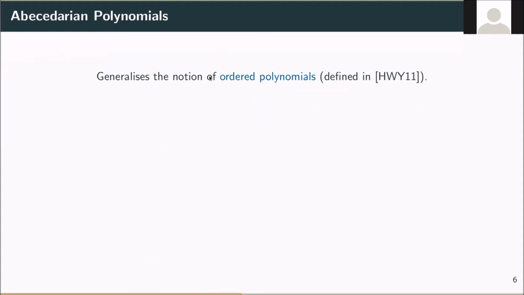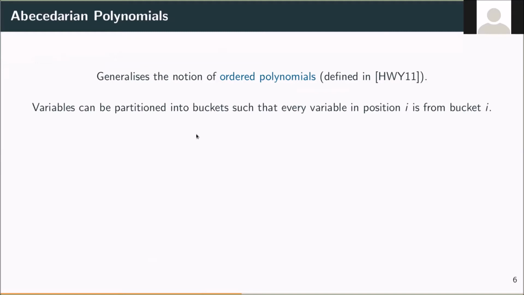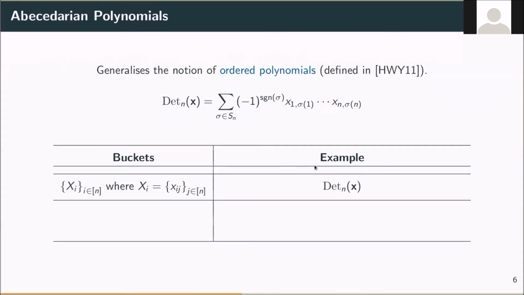So firstly, let's try to understand what ordered polynomials are. They are polynomials in which the underlying variables can be partitioned into buckets in such a way that in every monomial, the variable in position I has to come from the ith bucket. So let us look at some examples. The determinant polynomial is ordered. Why?